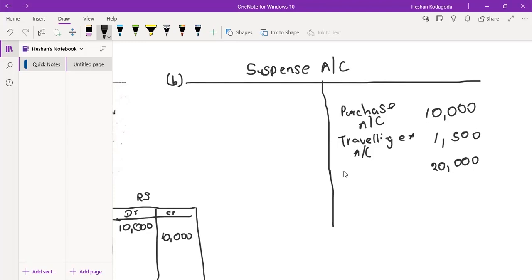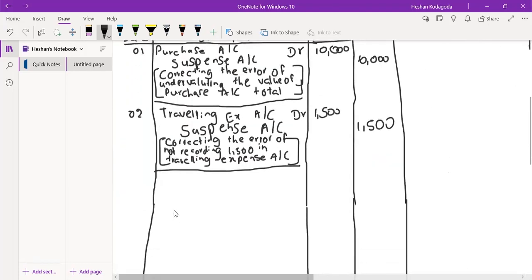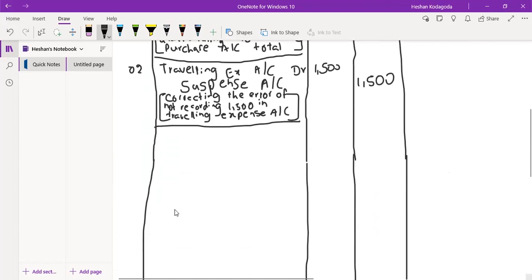And we need to debit the trial balance, not the ledger account. When we write something in the trial balance, we record it only using dot lines, right? So there is no debit entry, only the credit entry. Why? Because there is no impact on a ledger account; the trial balance is not a ledger account. So what is the entry? Only suspense account credit.